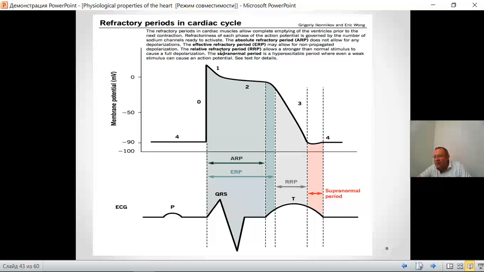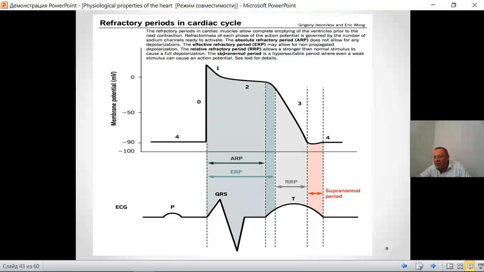Relative refractory period. The relative refractory period begins at the end of the absolute refractory period and continues until the cell's membrane has almost fully repolarized. During the relative refractory period, even more sodium ion channels have recovered, and it's possible to generate a second action potential.